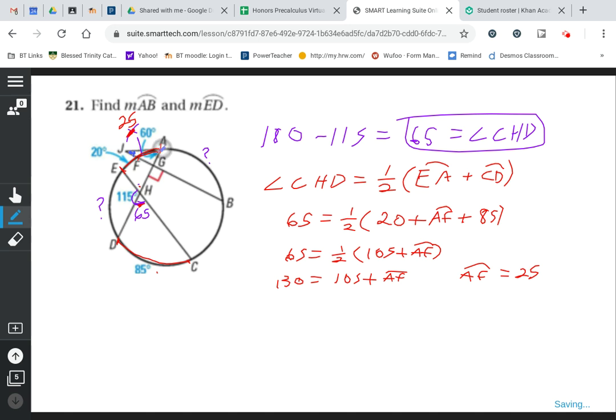And it intercepts the arcs A and B and A and F. And since it's on the outside, we know that angle J is 1/2 the difference of arc AB, which is the one we're looking for, minus arc AF. Well, guys, we know some of these values now.